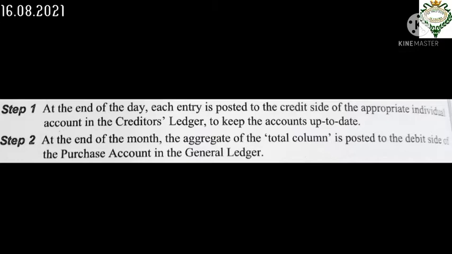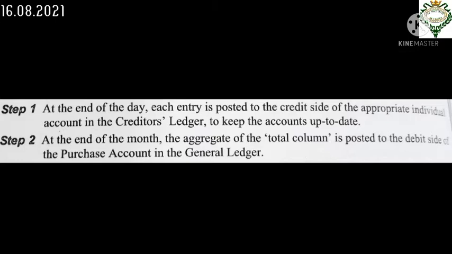All the other transactions in the purchases day book we record on the credit side, because credit is what goes out. We are purchasing something, which means the cash is going out of the business. And the total amount from the purchases day book, we start the general ledger account by writing it on the debit side.